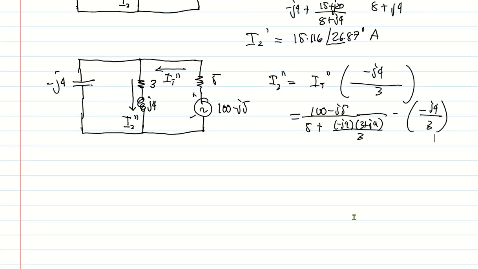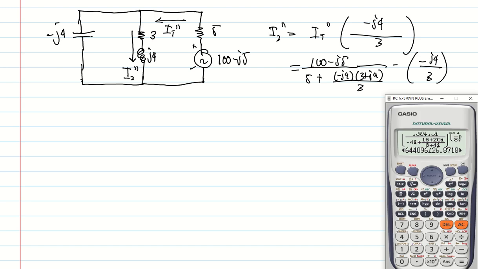We can again use the calculator to solve this. So this will be 100 minus j5 all over 5 plus the parallel combination: negative j4 multiplied by 3 plus j4 all over 3. Then the whole thing is I total double prime.